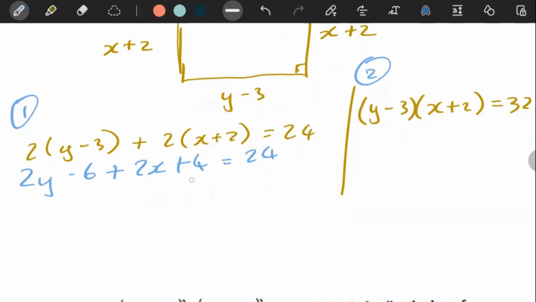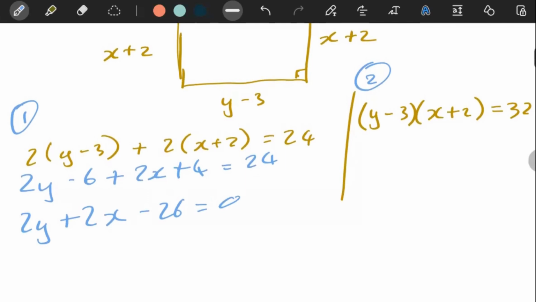So negative 6 plus 4, that's going to give you negative 2. So we have 2y plus 2x minus 2, or rather, let's deal with this also. The 24, if it comes over to the other side, calculator time, negative 6 plus 4 minus 24. That's negative 26.